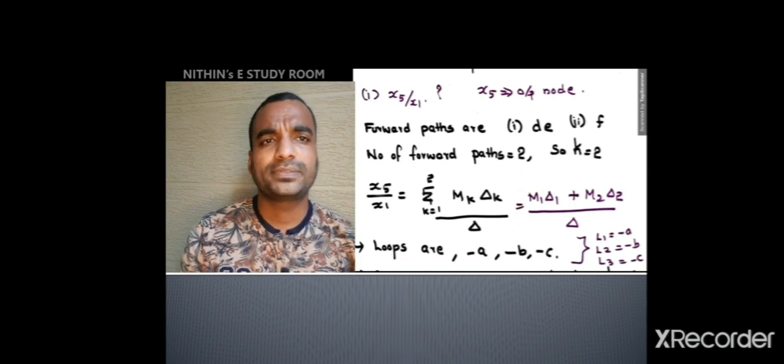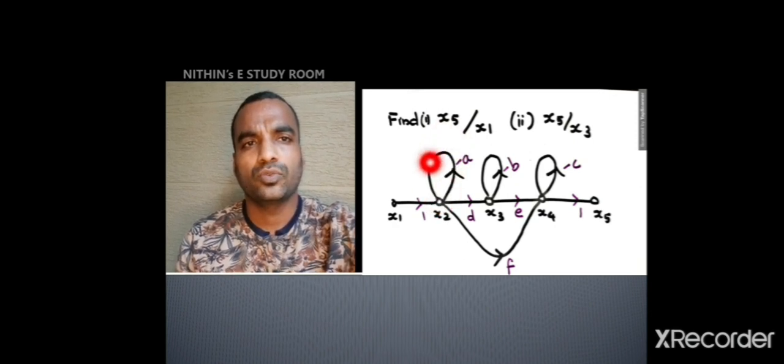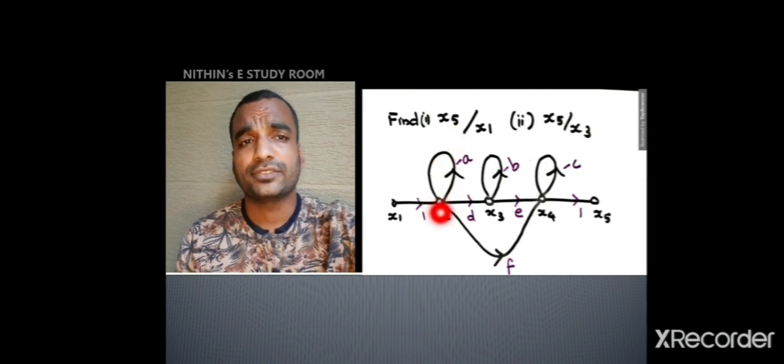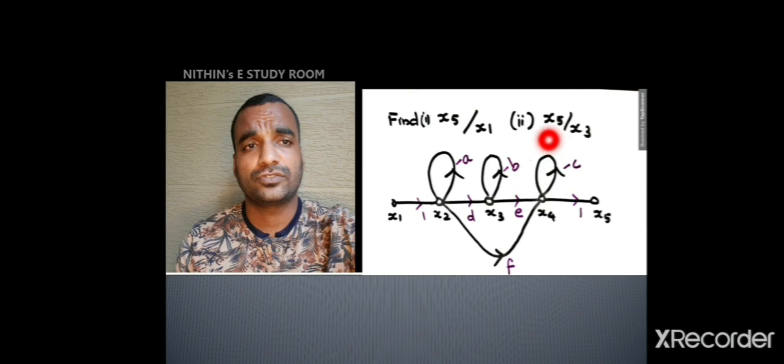In this particular question the loops are: this is one loop, this is one loop. Its name is just x2 because it is not touching any other node. It is a simple loop on x2. And here also there is a simple loop on x3, and here also a simple loop on x4.